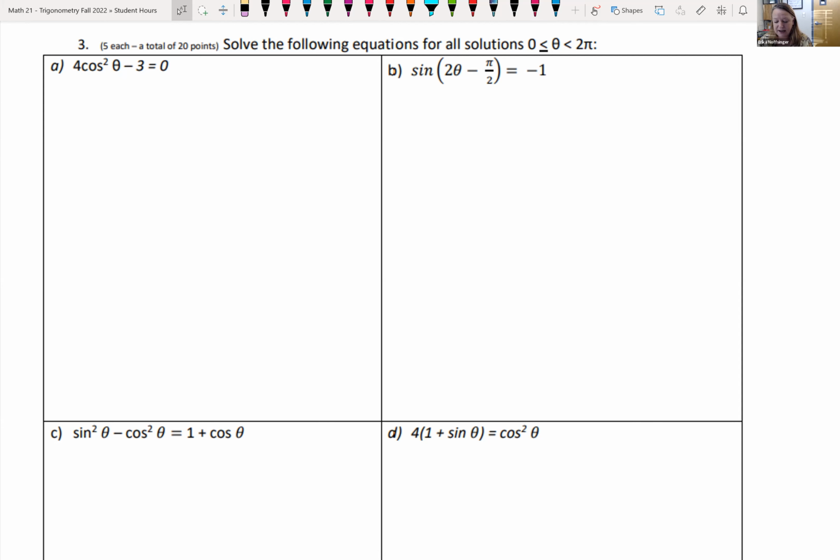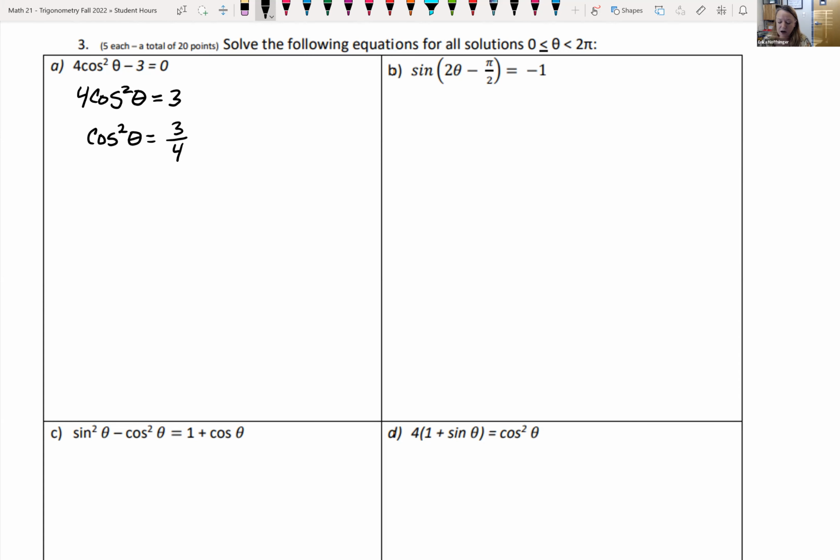And so I see that I can solve this by using the square root method. So I want to isolate my cosine squared theta. And I can do that by first adding 3 to both sides of my equation. So doing that, I get 4 cosine squared theta is equal to positive 3. Now I can get rid of the 4 in front of the cosine squared theta by dividing both sides by 4. And if we do that, we get cosine squared theta is equal to 3/4.